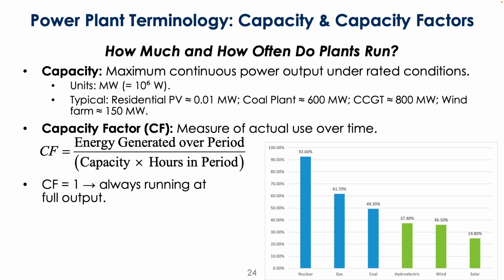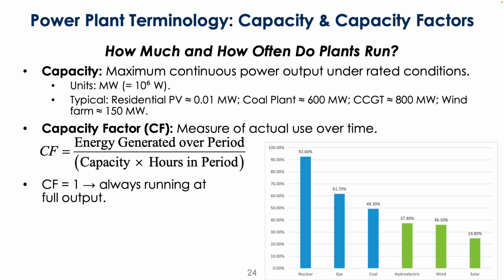And then just to give you a sense, for renewables, the sun doesn't always shine, the wind doesn't always blow, and so capacity factors are a way to describe how often you are able to use the resources.